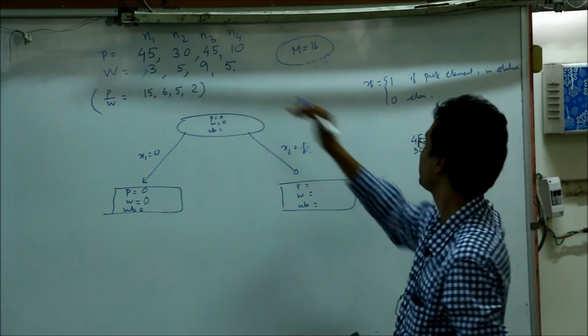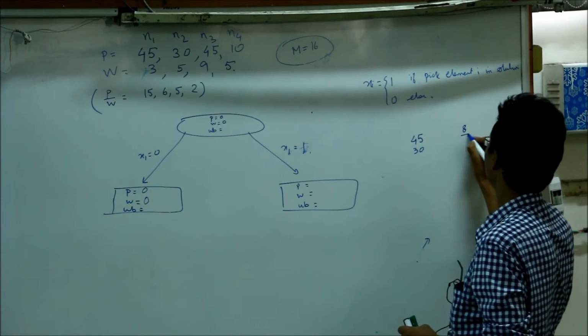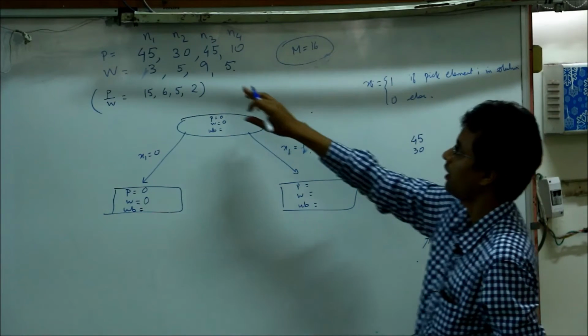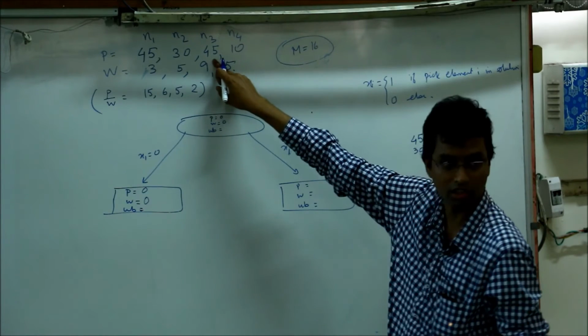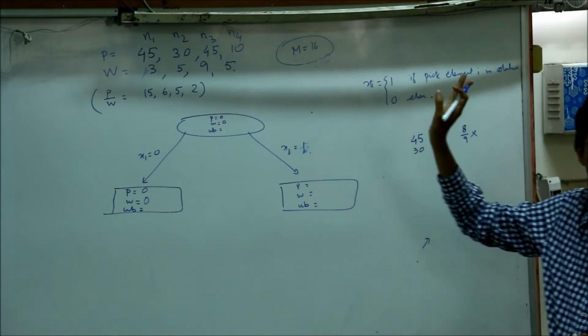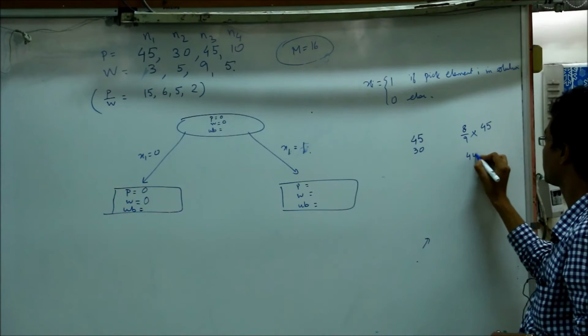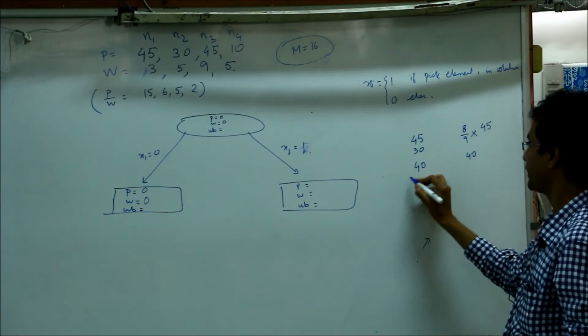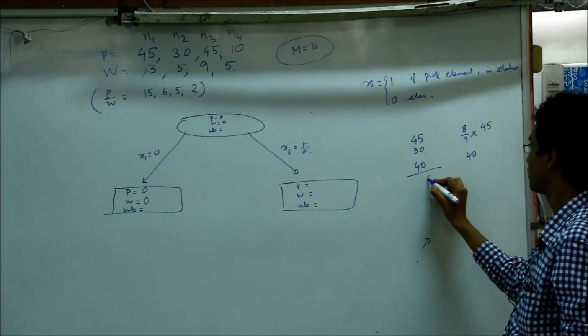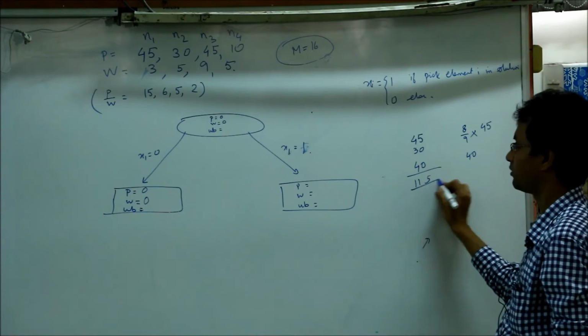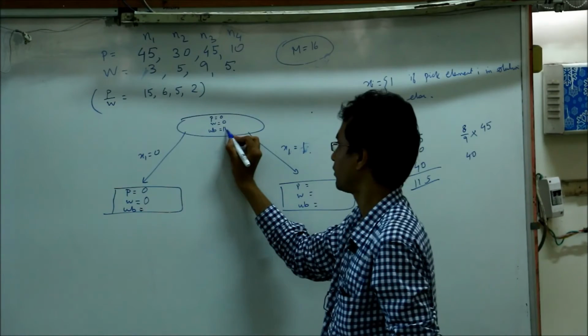So you take 8 by 9 units of the third element, giving a profit of 8 by 9 times 45, which is 40. The total profit is 115, so your upper bound is 115.